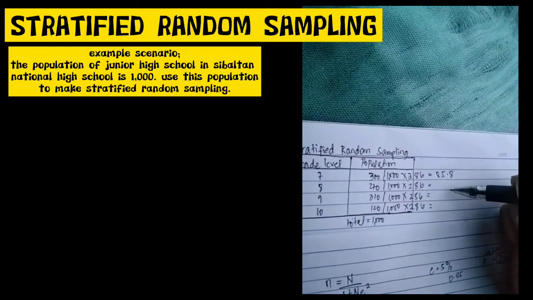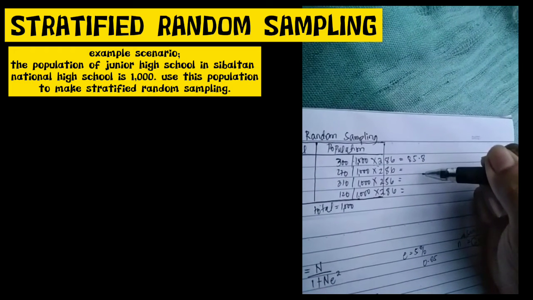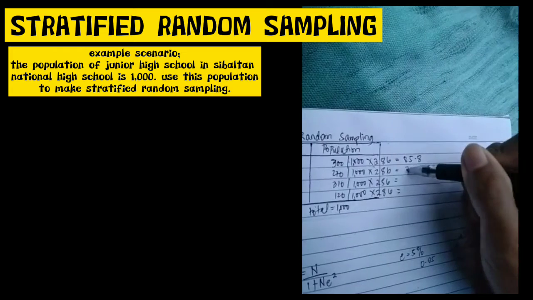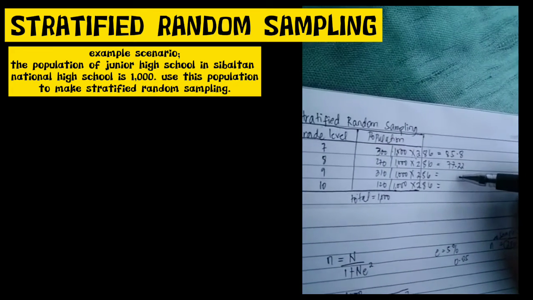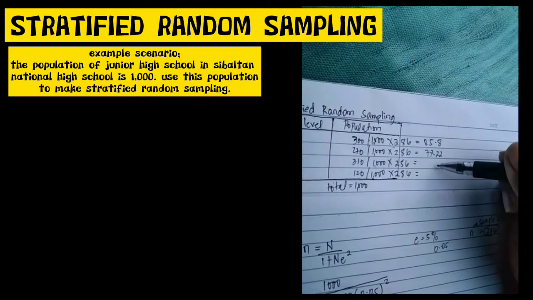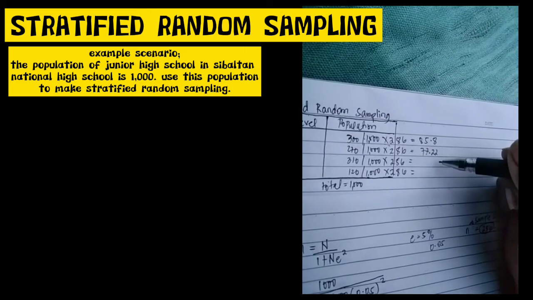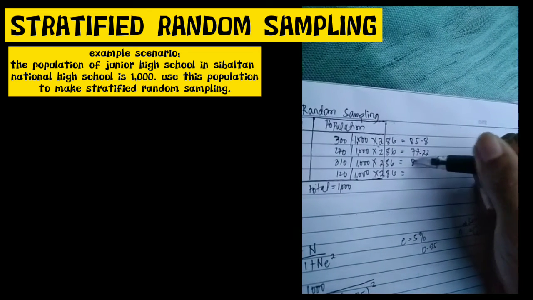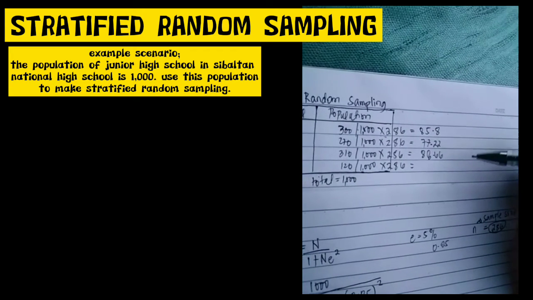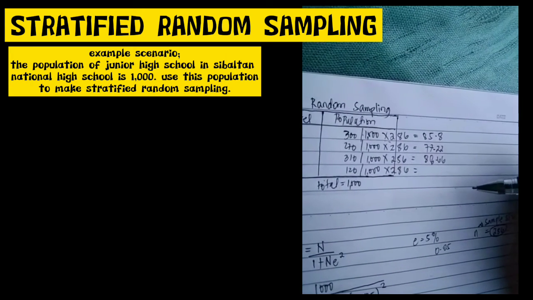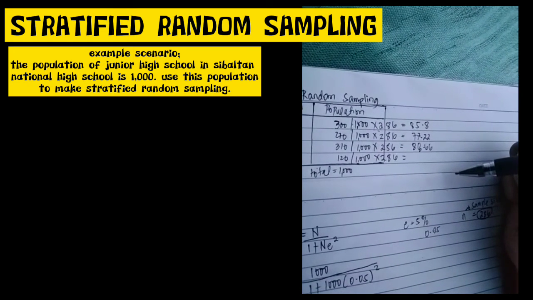And 270 divided by 1,000 multiplied by 286, the answer is 77.22. And 310 divided by 1,000 multiplied by 286, the answer is 88.66. And the last, 120 divided by 1,000 multiplied by 286, the answer is 34.32.